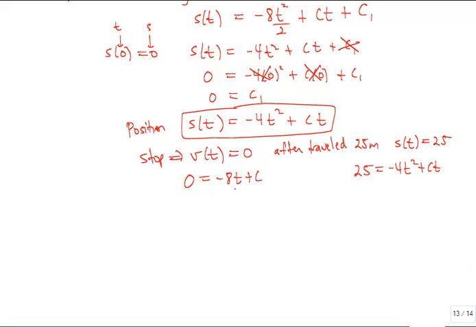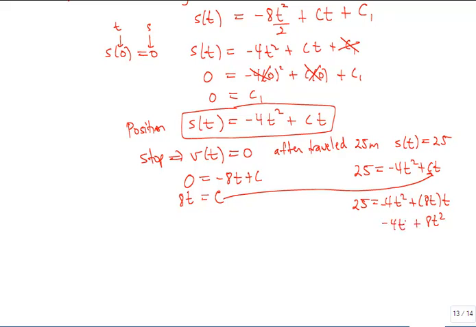So what I'm going to do to solve this is I'm going to just use substitution. I'm going to solve this for c by adding that 8t over to the other side. And now if I take that c and I substitute it in right here, then I get 8t times t, which is 8t squared, and we're adding to that a negative 4t squared.